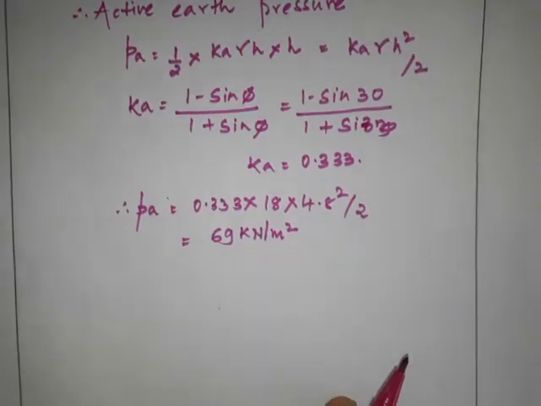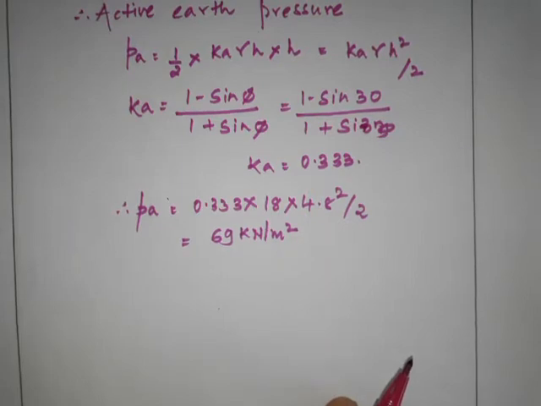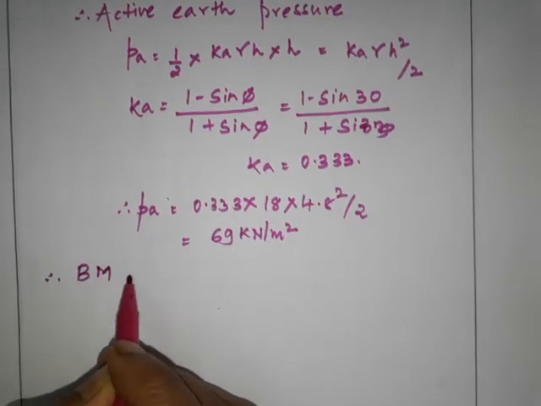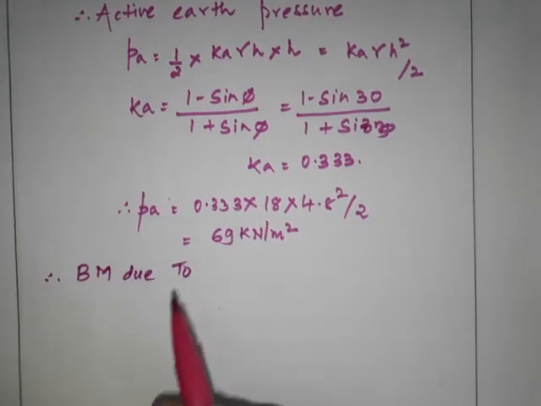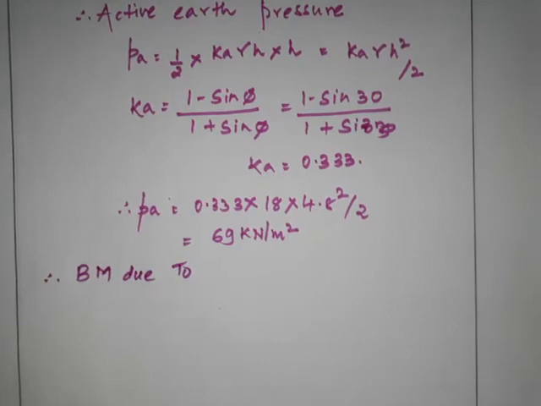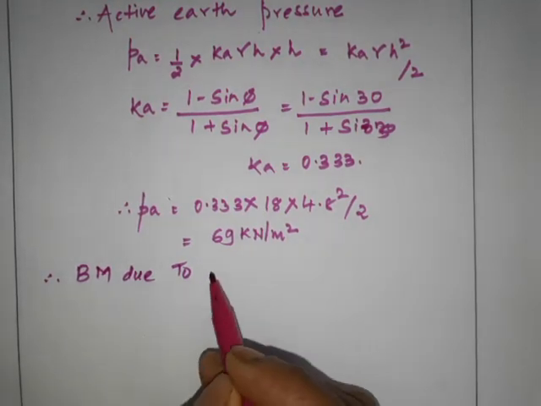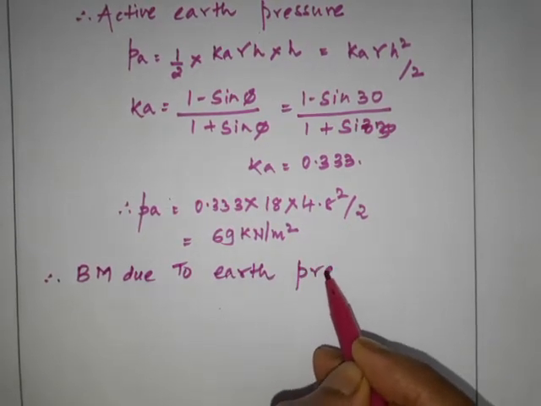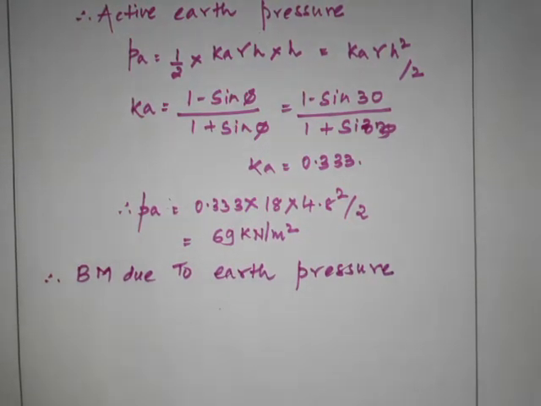Therefore, the bending moment due to earth pressure, M, is PA, which is acting at a distance of h by 3.